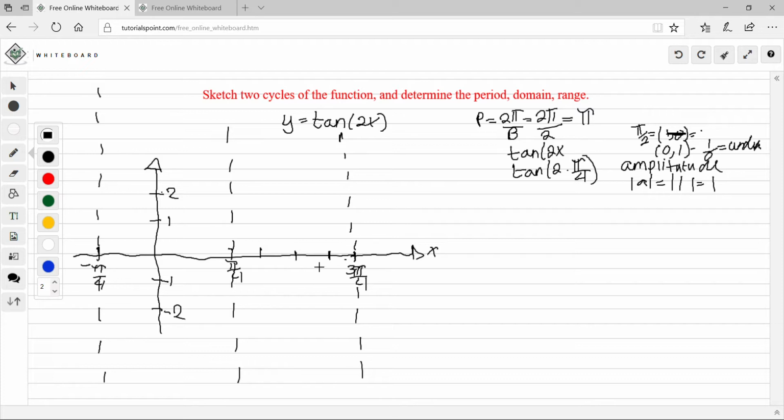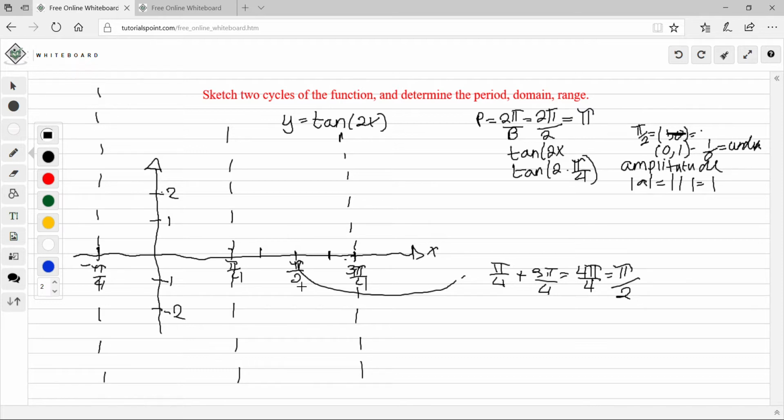To get this point right here, what you do is you add pi fourths plus 3 pi fourths. That's 4 pi fourths, over 4, and you get pi, but you divide that by 2. So you should get pi halves. So right here, this is pi halves.